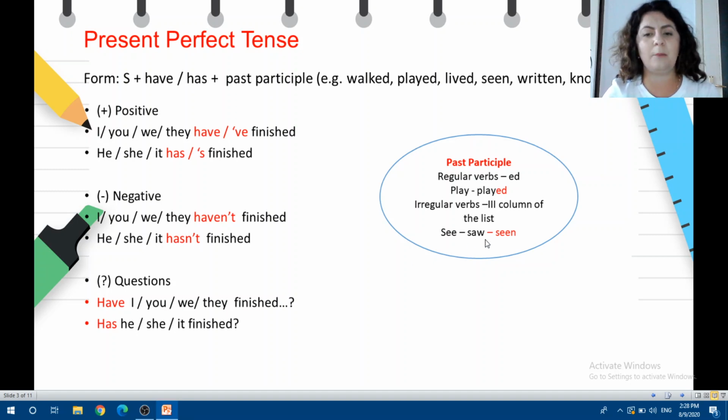Like in this example, see, saw, seen. Seen is the past participle form. Other examples of past participles of irregular verbs are see, saw, seen, write, wrote, written, know, knew, known.